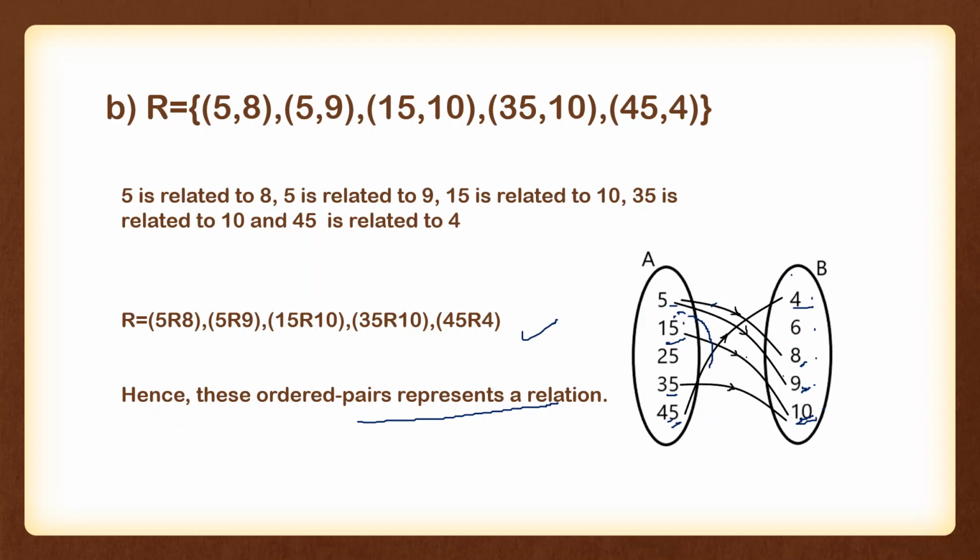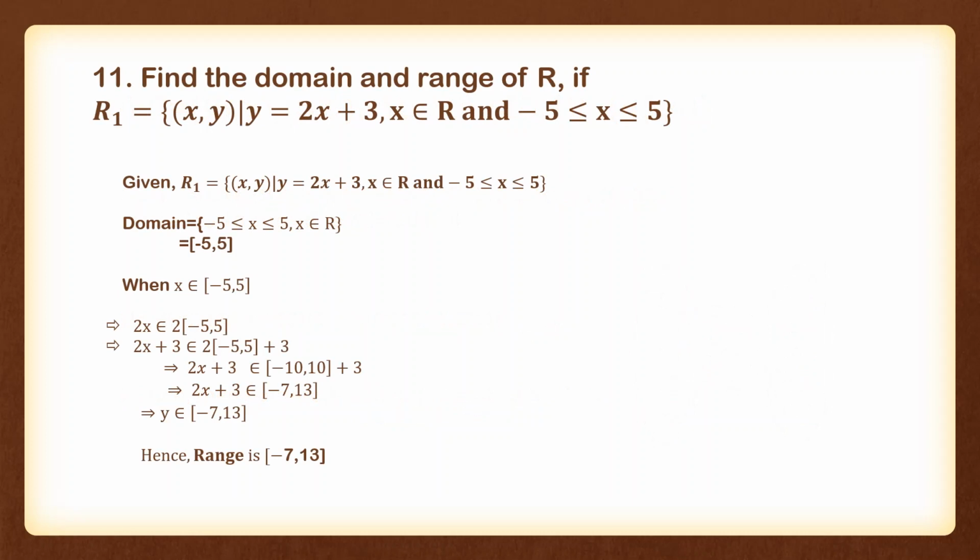Let's move further now. Find the domain and range of R1 if (x, y) such that y equals 2x plus 3, when x belongs to the given interval. So the condition is y equals 2x plus 3, and the x value is nothing but the domain.